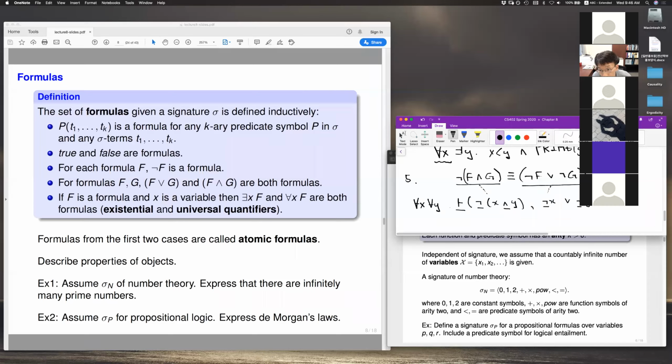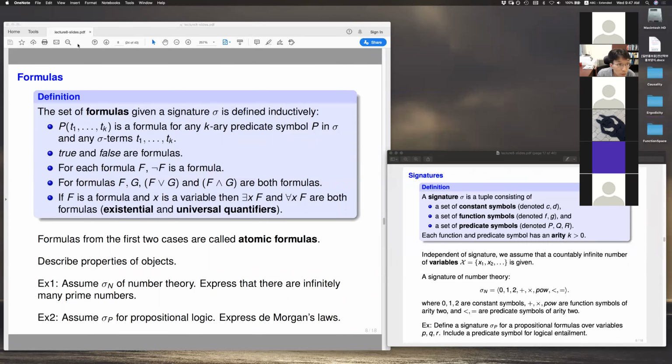And then we say this left-hand side implies the right-hand side, and now we have to state the other direction, which is not x or not y entails x and y. So this is the expression of De Morgan's law using the signature for propositional logic that we talked about. Okay, so now let's move to the next.